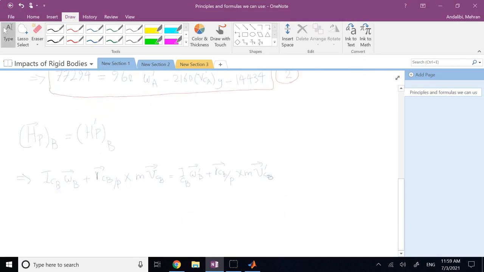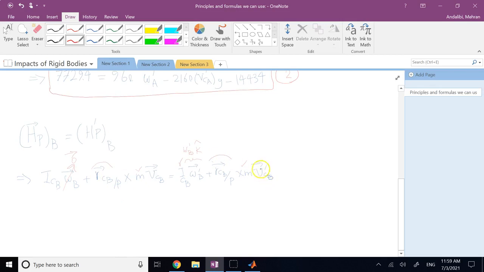Okay, and again I have to replace everything. So you know this guy was initially 0, and this omega B prime I don't know. I can write it as its magnitude in the K direction, where the magnitude is unknown. I know M, and R of C with respect to B I can find from the picture.